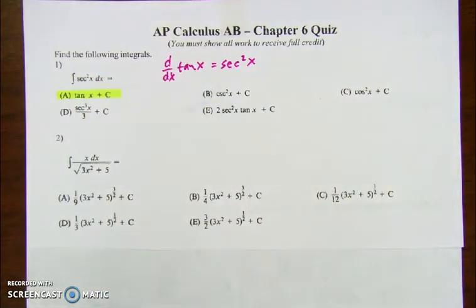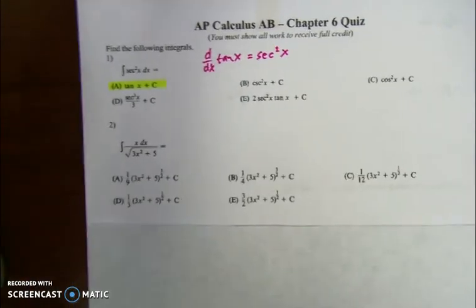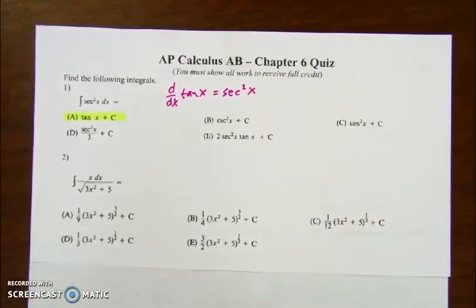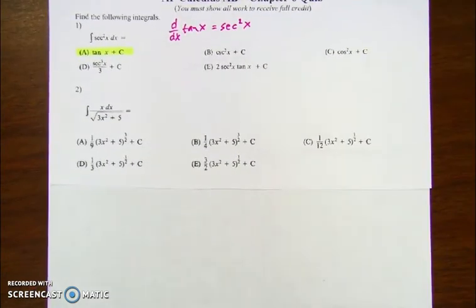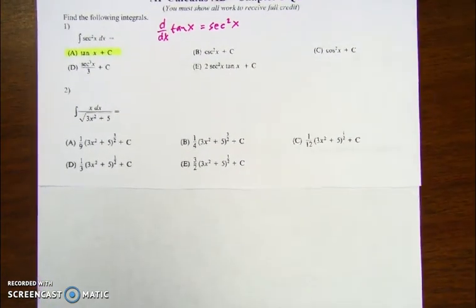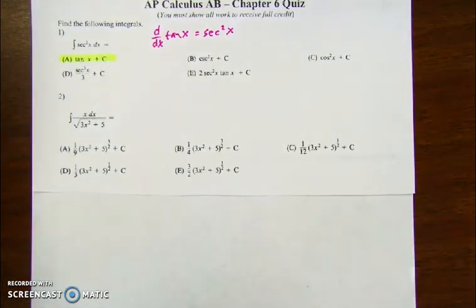There's a plus c because it's an indefinite integral, and that's it. So knowing your rules for integration, especially integrating trig functions, would have helped you quickly answer problem number 1. And now we're on to problem number 2.